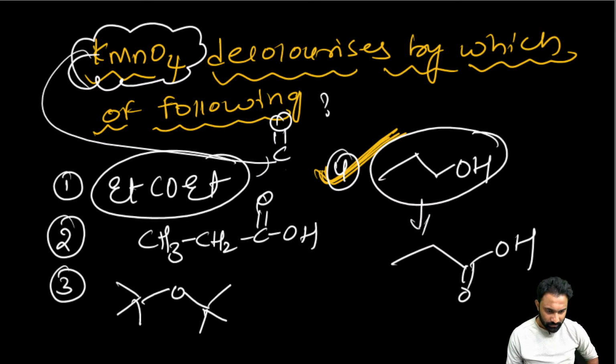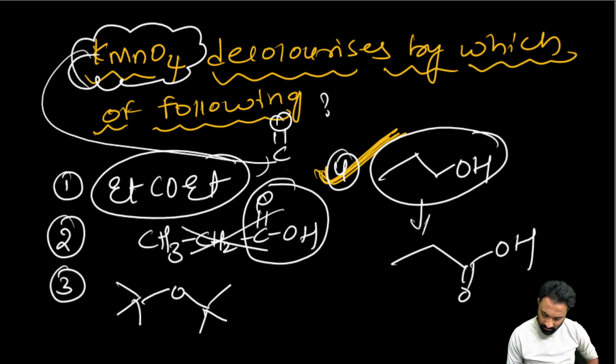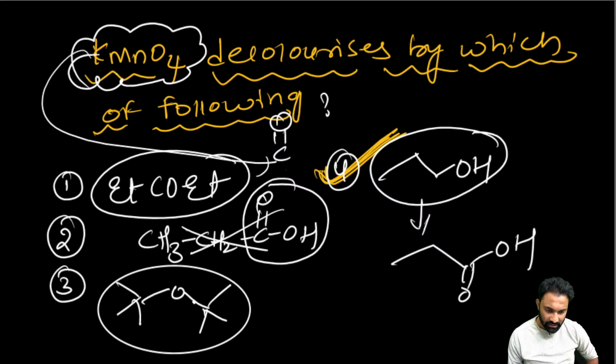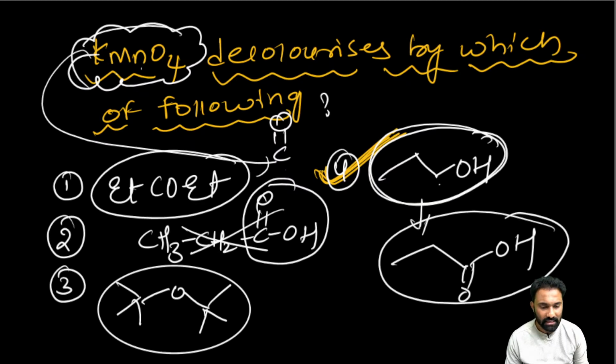This carbon has already been oxidized, so there is no chance to oxidize it. This is an ester, and there is no acidic hydrogen. This is an ether, with no acidic hydrogen. Now this is a 1 degree alcohol. The purple color of KMnO4, when reacted with a 1 degree alcohol, will be converted into the carboxylic acid.